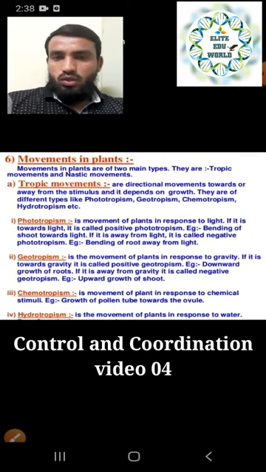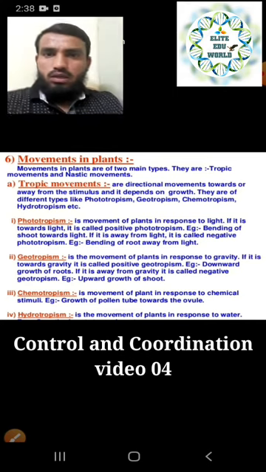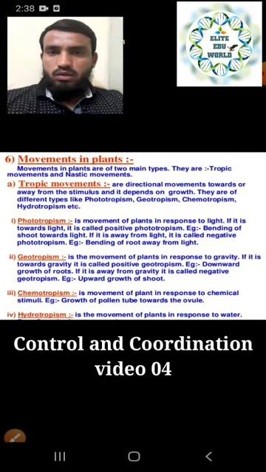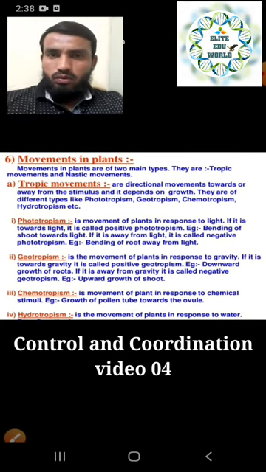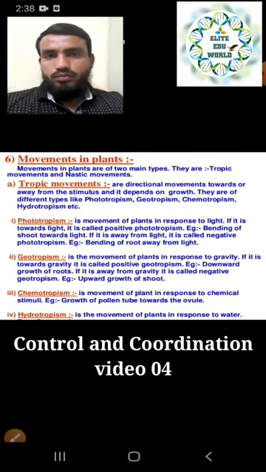And hydrotropism, the movement of the plant in response to water. These are movements where the plant is growing, because the plant cannot move from one place to another, so we consider the growth of the plant as its movement. Understand?